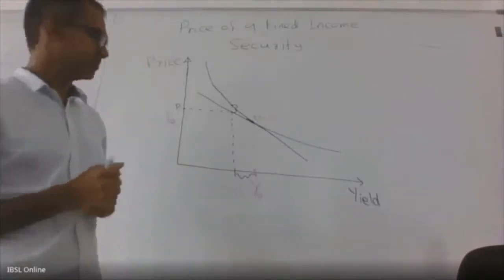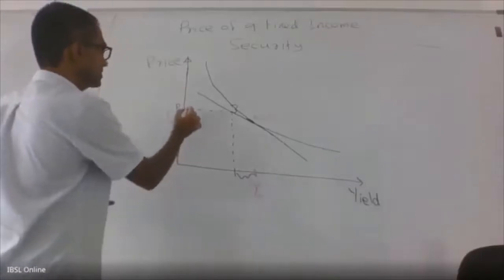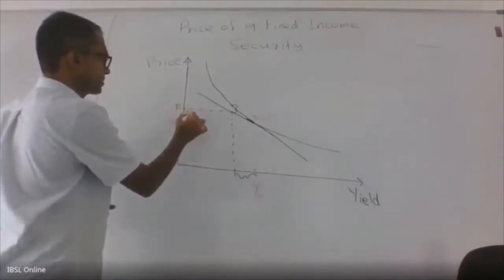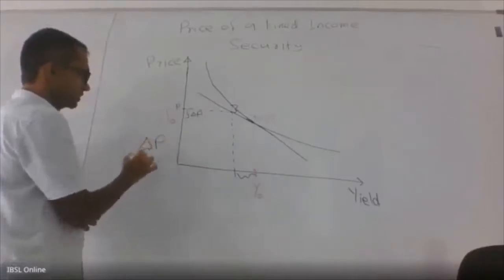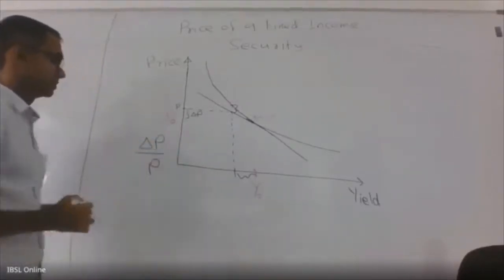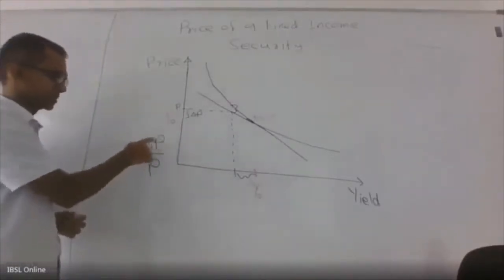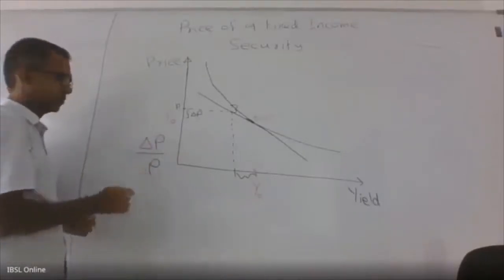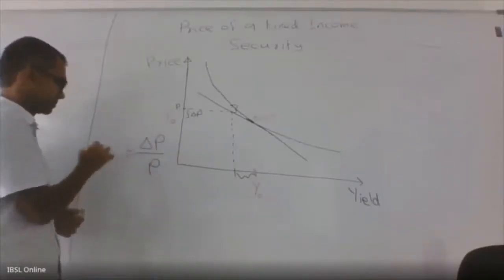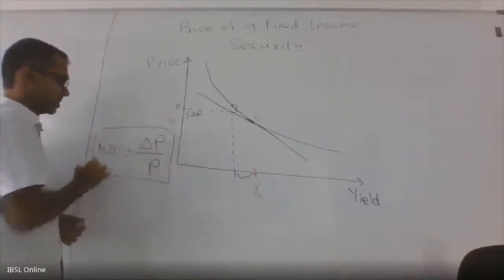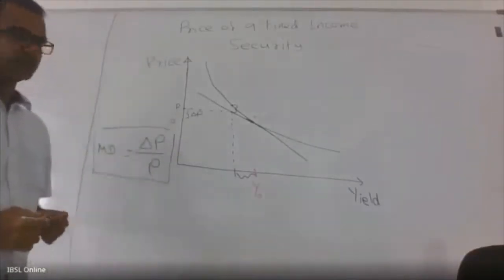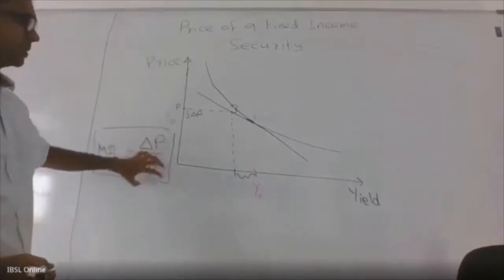What is the change in price? This is the change in price. So modified duration gives you the change in price relative to price, as a percentage. Change in price divided by price.